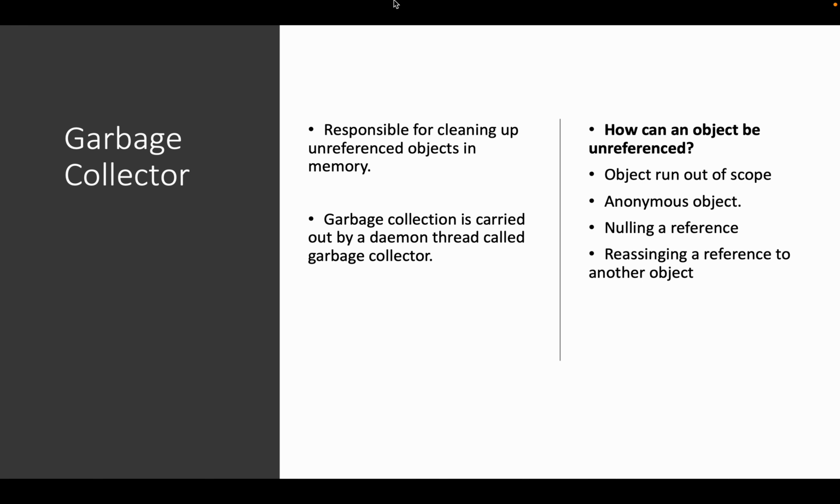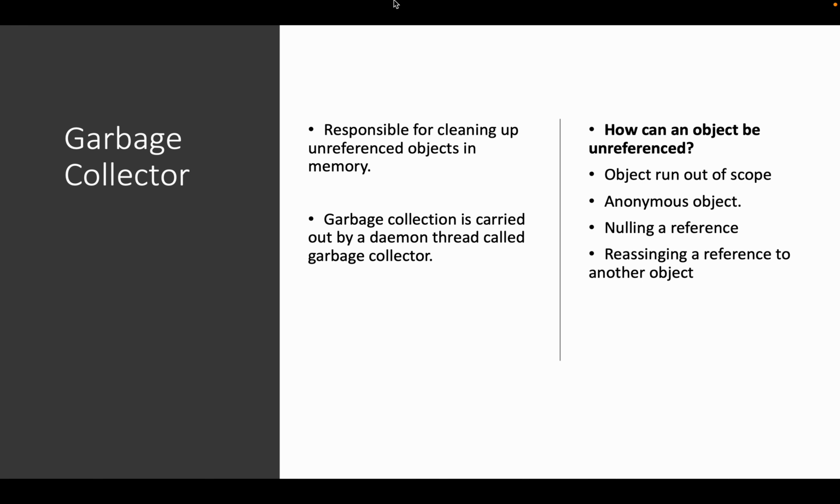Or when a reference is nullified, let's say you have String str equals something, and then below that you say str equals null. It means whatever str was pointing to has been nullified. That object it was pointing to is no longer referenced, therefore it's eligible for garbage collection.